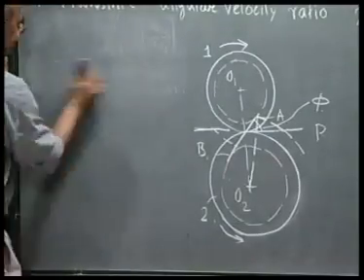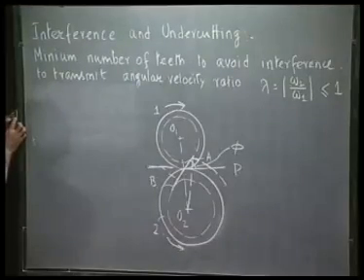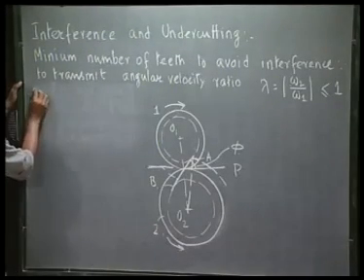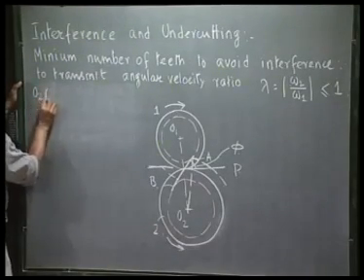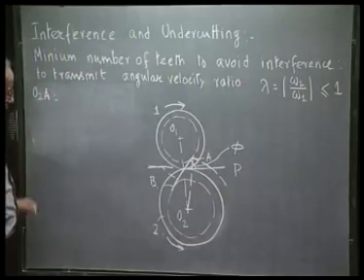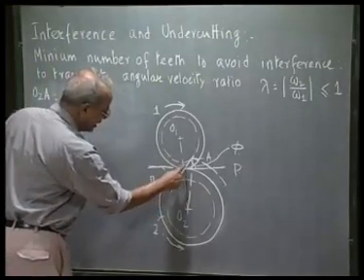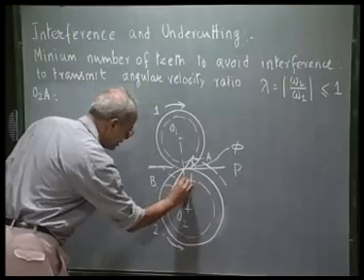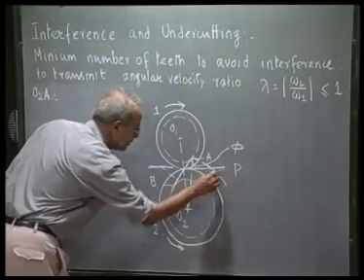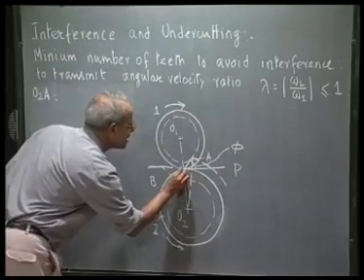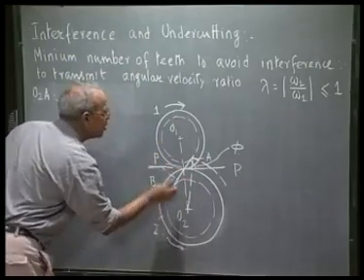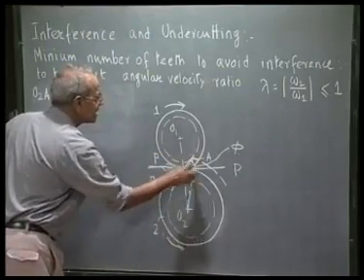So let me first write an expression for this O2A. We consider the triangle O2PA. This point is P. Let me write it here again. O2PA. Let us consider this triangle.